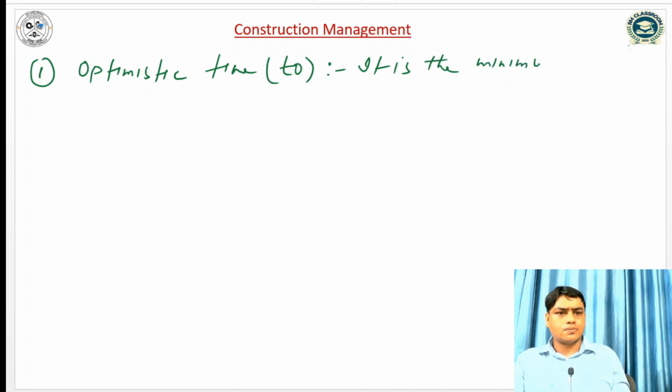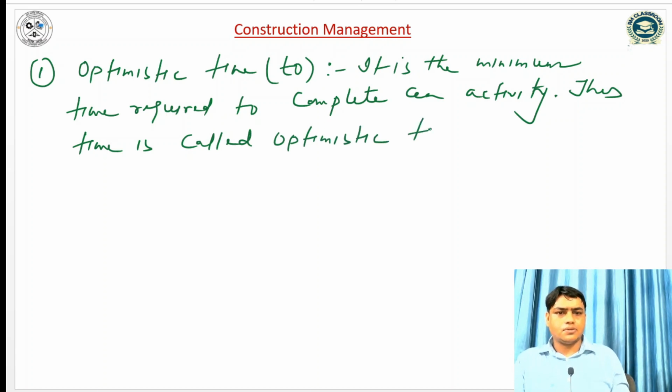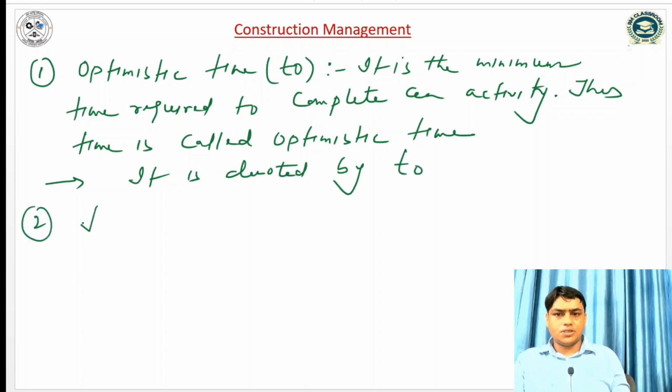It is the minimum time required to complete an activity, and this time is called optimistic time. It is denoted by T0.